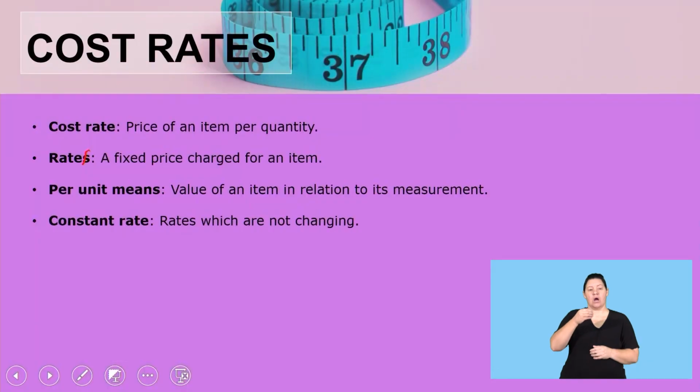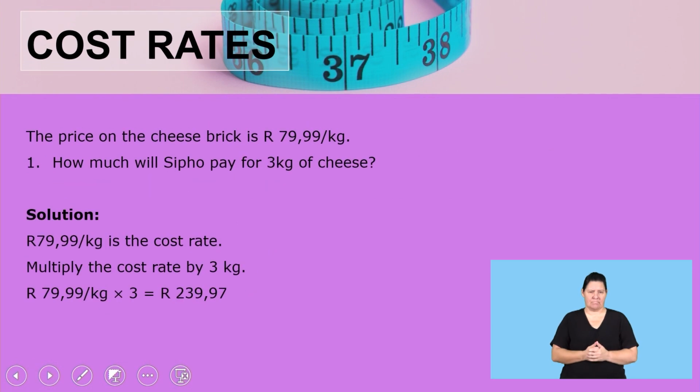The constant rates, these are the rates which are not changing. They remain similar throughout. Now let us have a look at one example. The price of a cheese brick is 79.99 per kilogram. How much will Sipho pay for 3 kilograms of cheese?